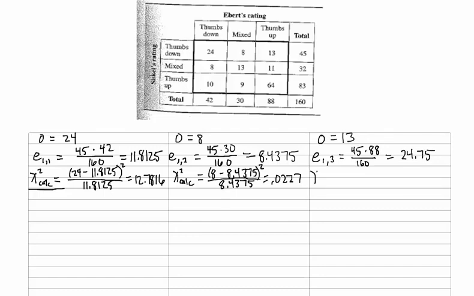And our chi-squared calc value for this cell is equal to 13 minus 24.75 squared divided by 24.75, and this is equal to 5.5783.